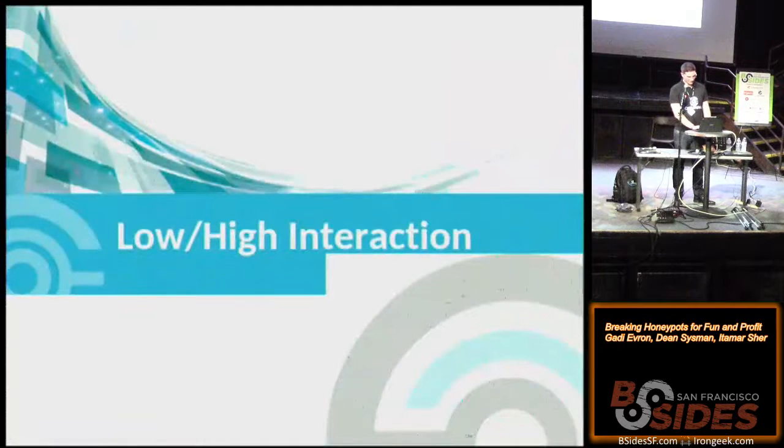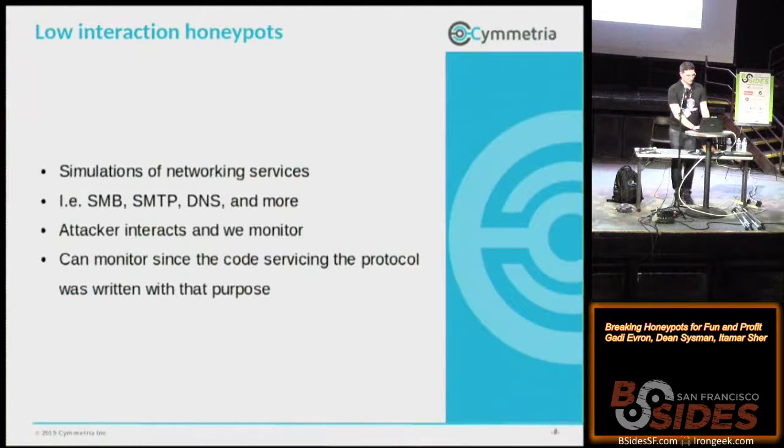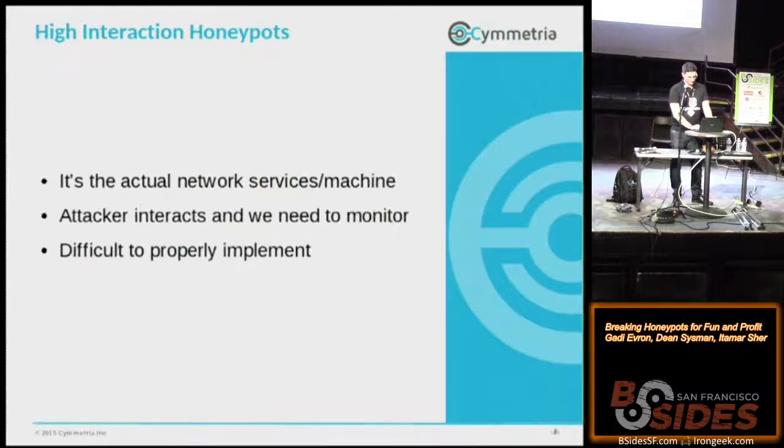Okay, so now into technical stuff. What's a low interaction honeypot? It's generally just a simulation of a specific network service, like SMB, SMTP, DNS, and more. We have an attacker. He's looking at the machine from a network perspective. He's seeing this machine with this specific service and starts interacting with that service. Now we can monitor what he's doing because we wrote that service specifically for that reason, right?